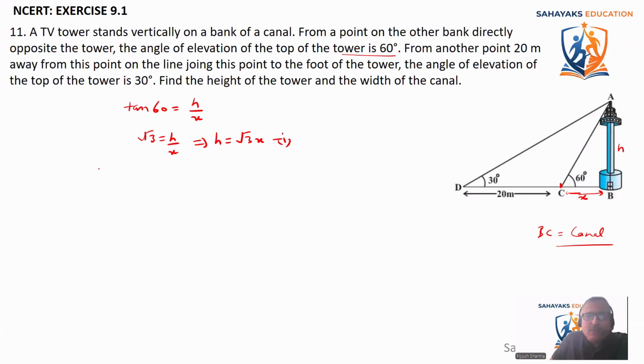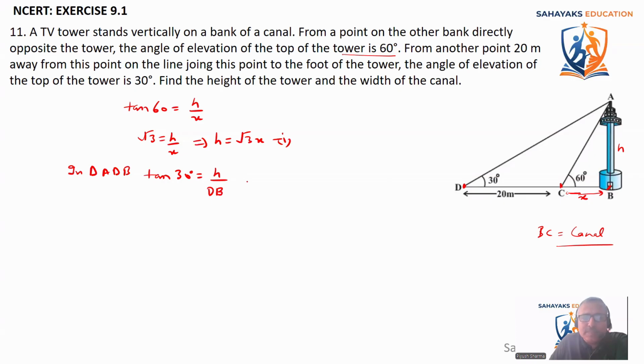Now we'll take the bigger triangle, ADB. In triangle ADB, tan 30 degrees is equal to h divided by dB, the distance from point D to the tower.